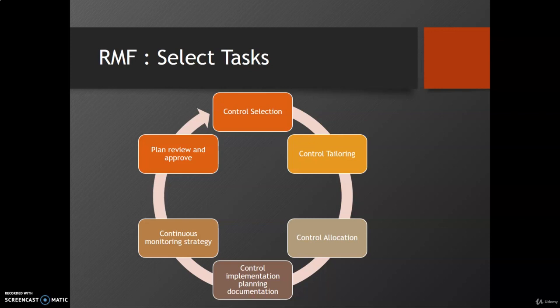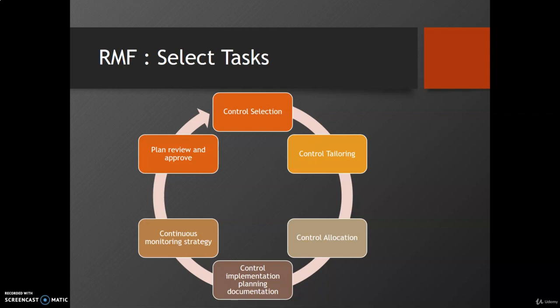It defines how changes to the system and environment of operations are to be monitored, how risk assessments are to be conducted, and the security and privacy posture reporting requirements, including recipients of the report.